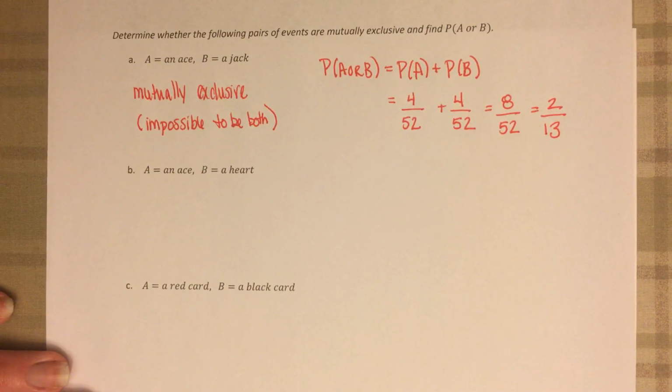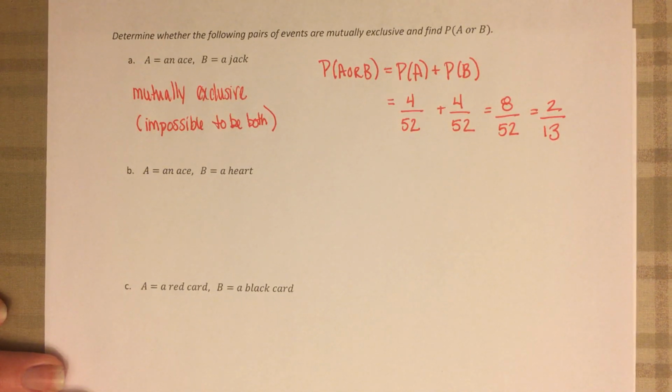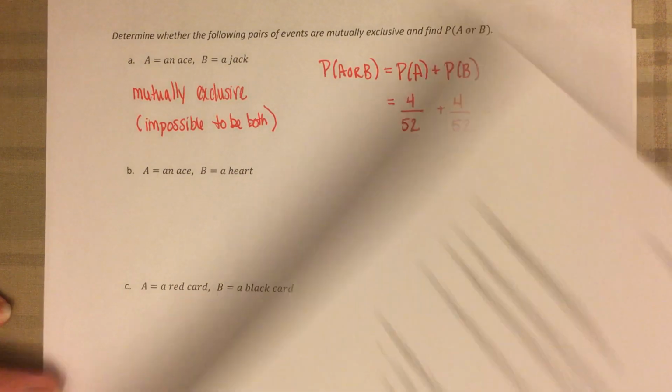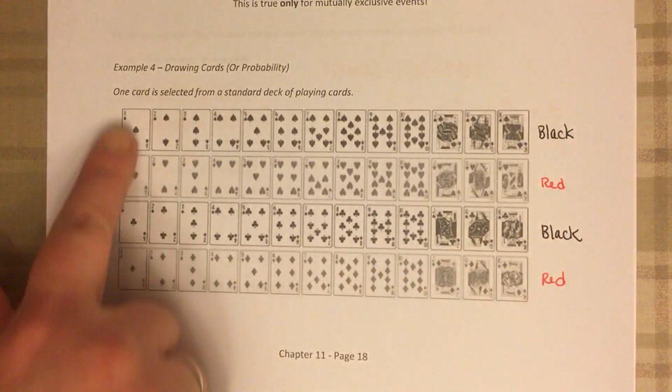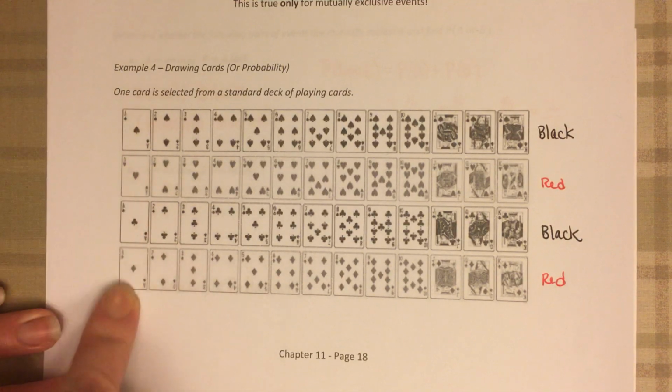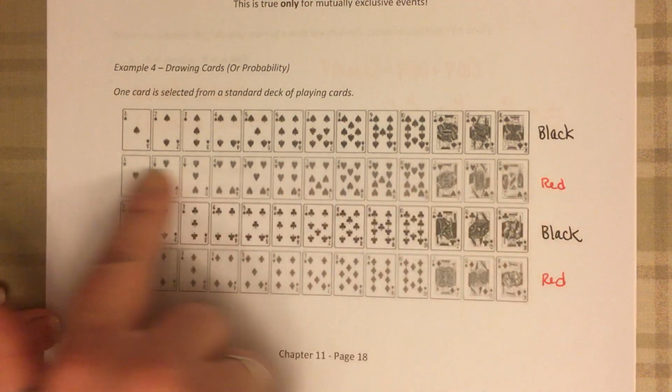So for B, we're asked about selecting one card, and we want to decide if being an ace and a heart are mutually exclusive or not, and then how we want to find our probabilities. If we look at our deck of cards, our aces are here, and then our hearts are along here.